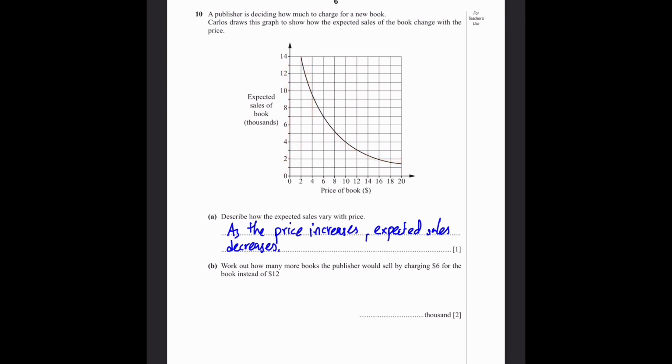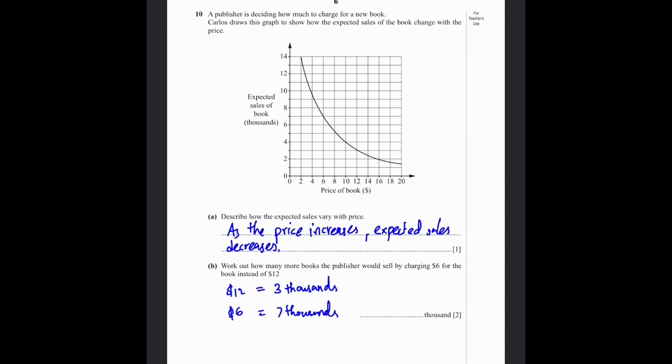B, work out how many more books the publisher would sell by charging $6 for the book instead of 12. So for $12, it'll be 3,000. And for $6, it will be over here, 7,000.